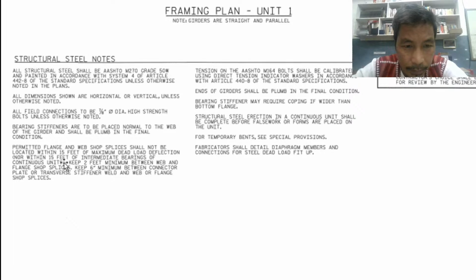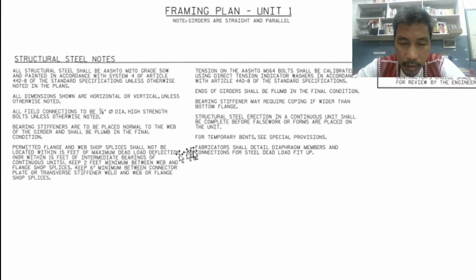So number 5, permitted flange and web shop splices shall not be located within 15 feet of maximum dead load deflection. We already know what we mean by deflection, and by dead load, and of course maximum.